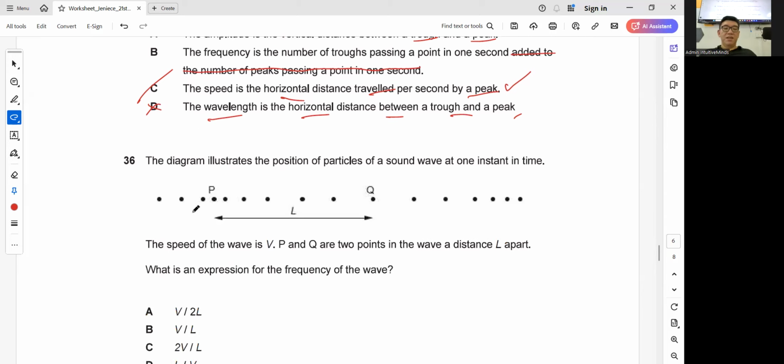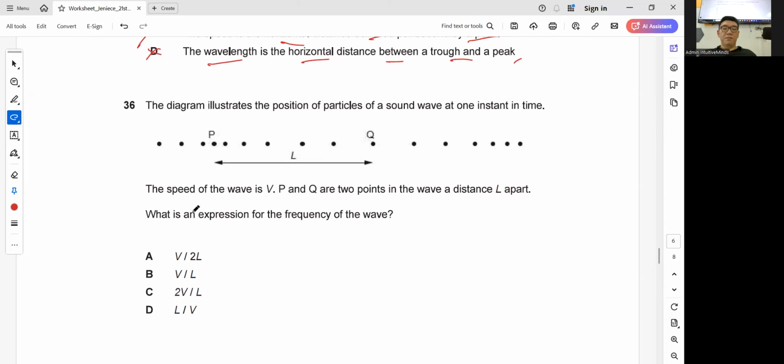Yay. Moving forward. Speed of the wave, L apart. Okay, what's the expression of frequency of the wave? So this one here gives you half a wavelength. The reason being is because you have a compression to a rarefaction. So that gives you half a wavelength. A compression to a compression gives you a full wavelength.